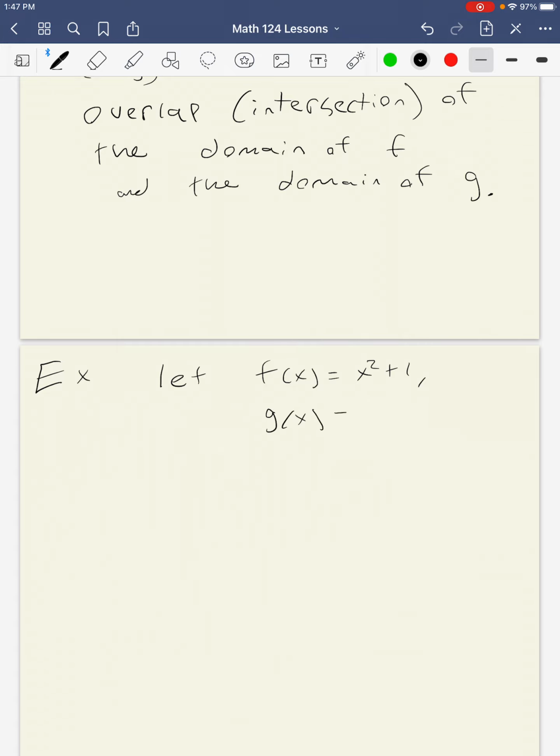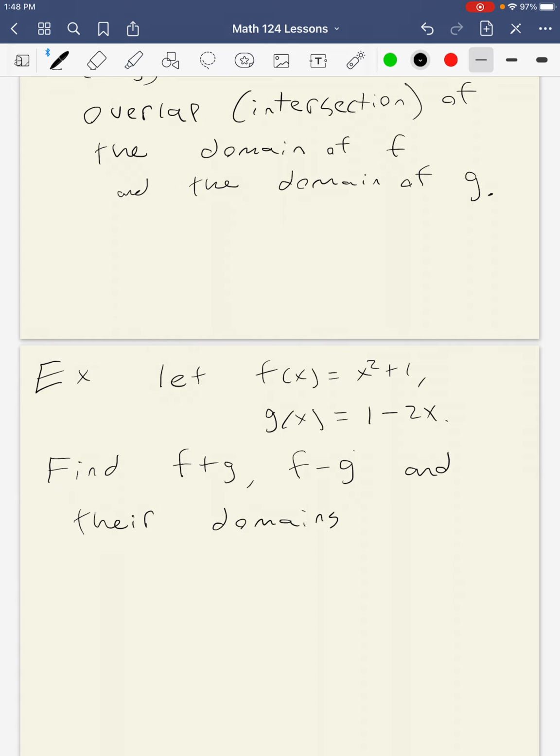G of x will be another function, say, I don't know, 1 minus 2x. Now we will find f plus g and f minus g and their domains. And I'll leave these as functions of x.